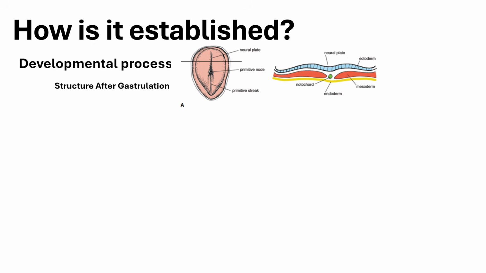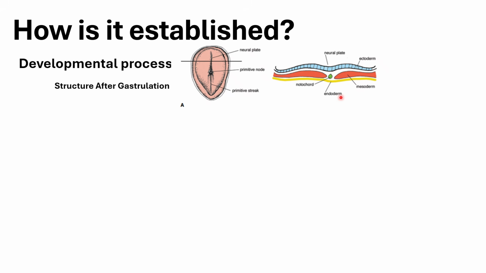So if you see this structure already and you have the three layers, again, the ecto outside, meso middle, and the endo inner germinal layers or derms, it means you are looking at the gastrula.